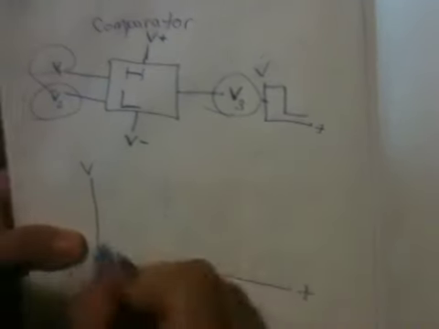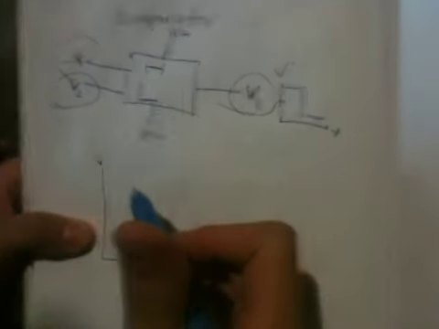Then we can refer back to our high-frequency triangle wave and our amplified sine wave. I'll draw a graph of both of them at the same time. Oh, there's also another graph I'm missing.